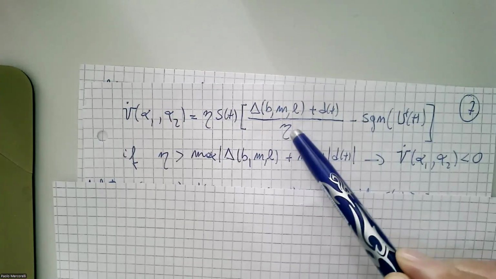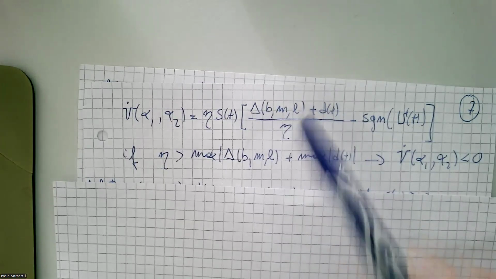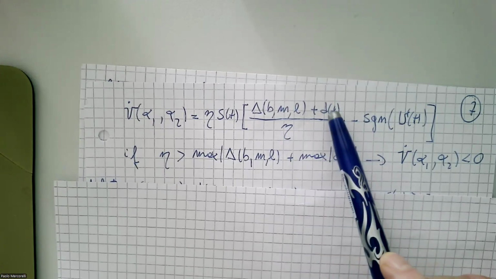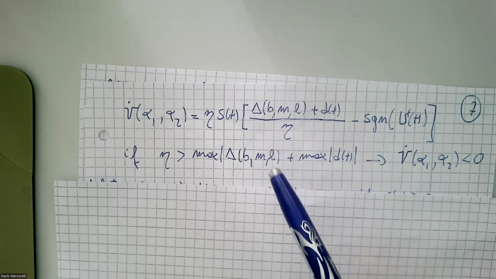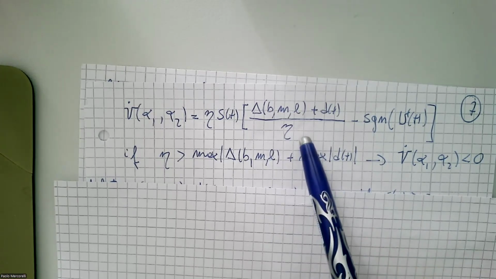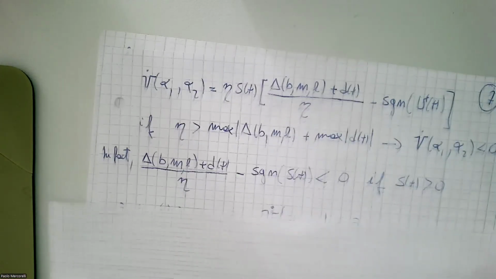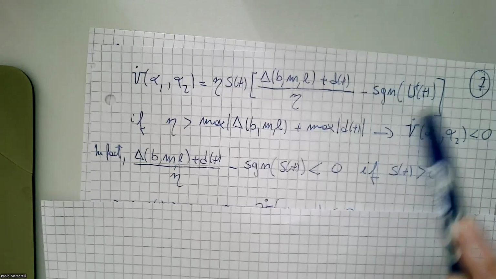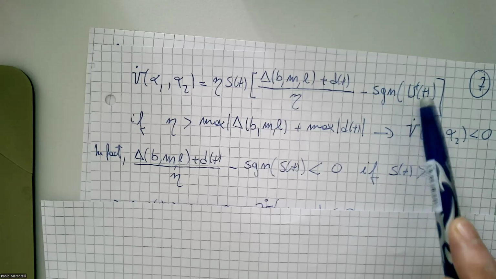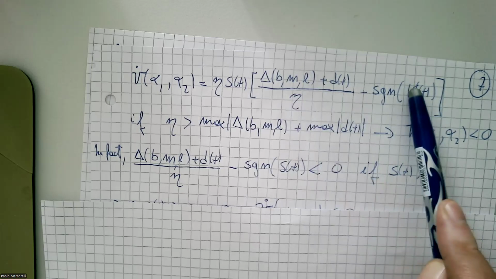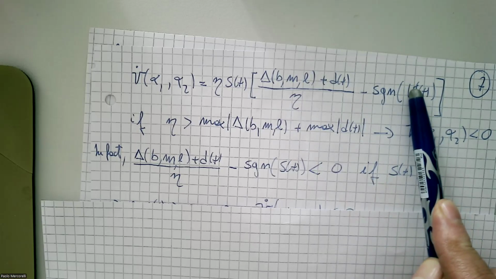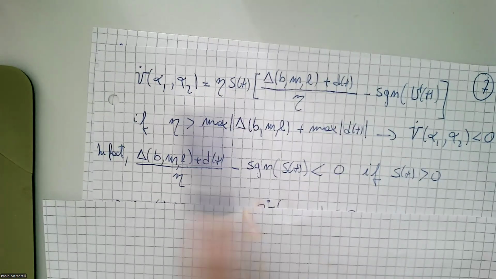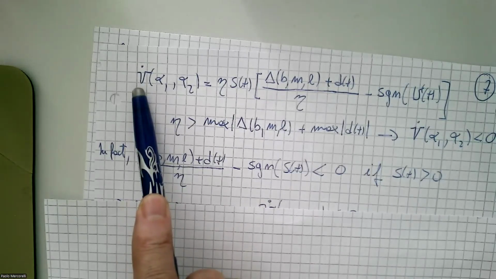Because if eta is larger than the maximal value of this delta, assuming that it is limited, the maximal value of D, this element here is always less than 1. This means if S of t is positive, or better to say 1, this minus this is less than 0. This is positive. This means the derivative is less than 0.